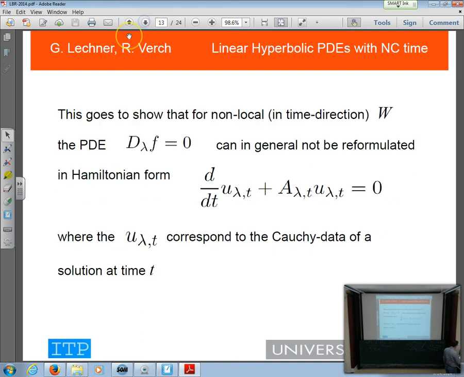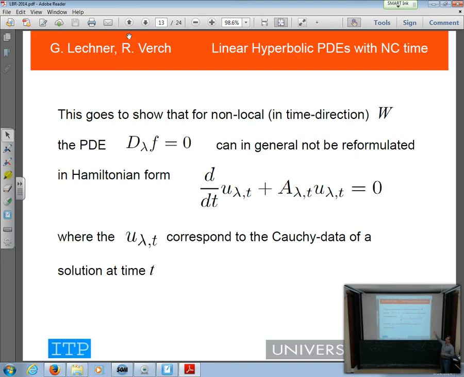Okay. Well, this goes to show what you would expect, that for potential operators W that are non-local in the time direction, this partial differential equation can in general not be reformulated in Hamiltonian form, which means you write it as d by dt of u, where u are the would-be Cauchy data, plus an operator A in the Cauchy data function space, applied to u_t, equals 0.